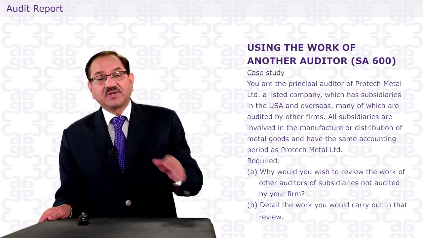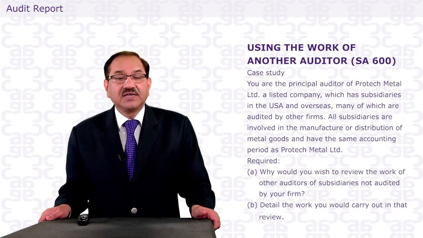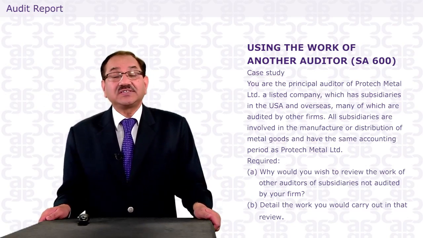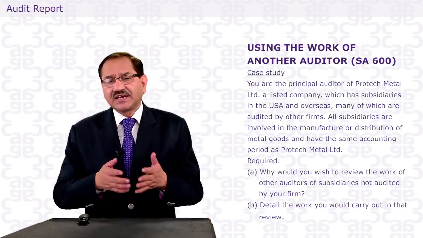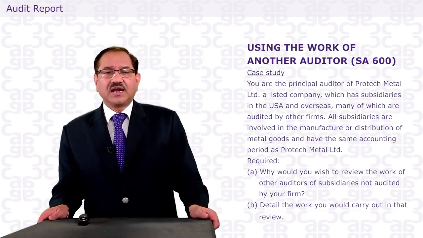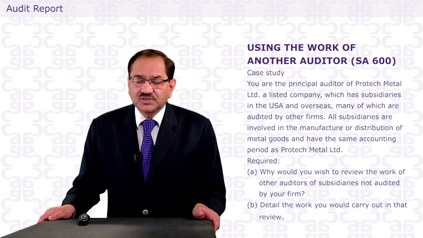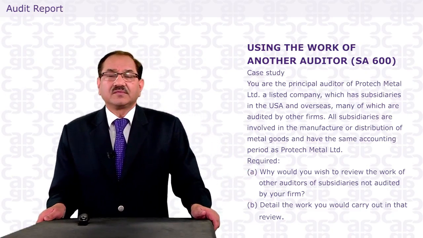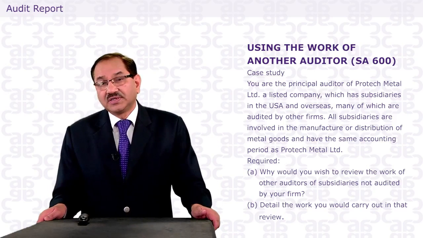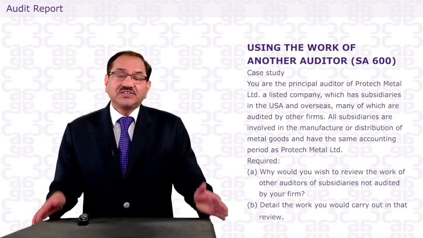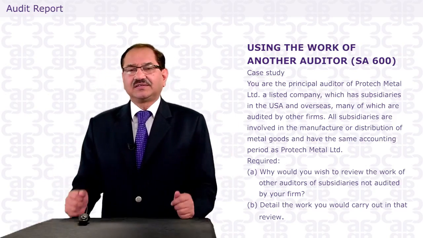Now, you are the principal auditor of this Product Metal Limited, and it asks why you would wish to review the work of other auditors. What is the need? The subsidiaries' auditors have audited and given their reports. Why should you review the work of other auditors? You have to review because this is the requirement under SA 600.